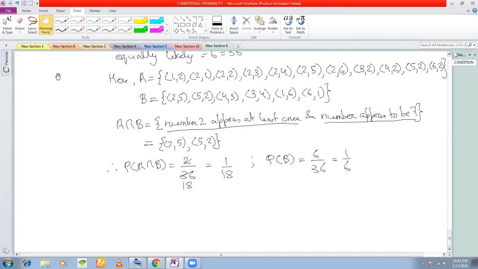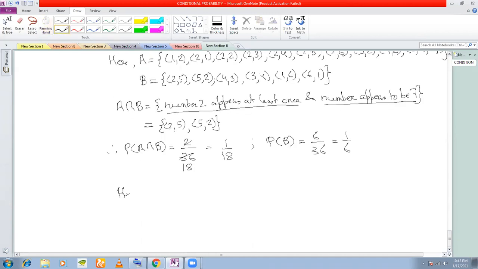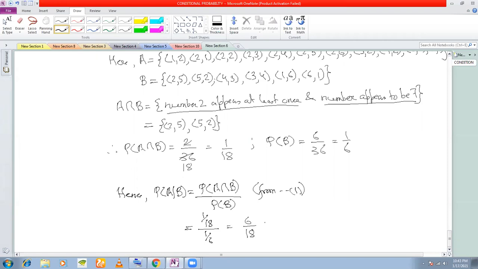Hence P(A|B) is equal to P(A intersection B) divided by P(B), which is 1 by 18 divided by 1 by 6, which is simply 6 by 18, which is 1 by 3. Is that absolutely clear?